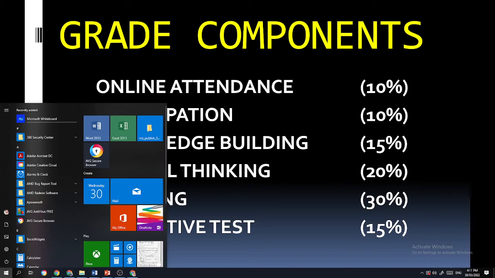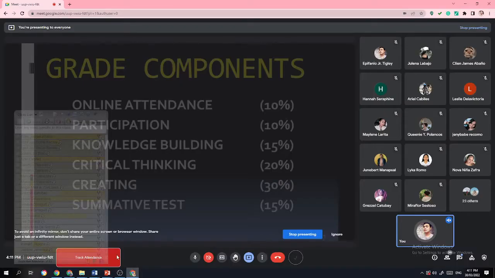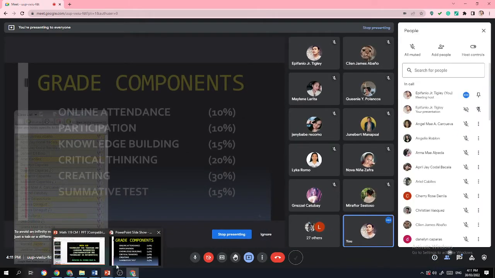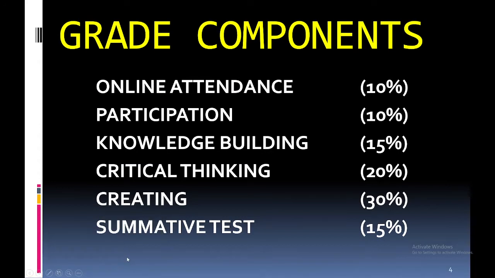Then we have participation. What do you mean by participation here? The way they interact in the discussion. Now, it will be very unfair for those students who cannot participate. So, what I will be doing this second semester is this.